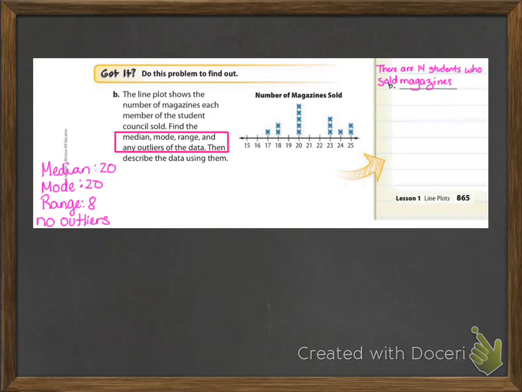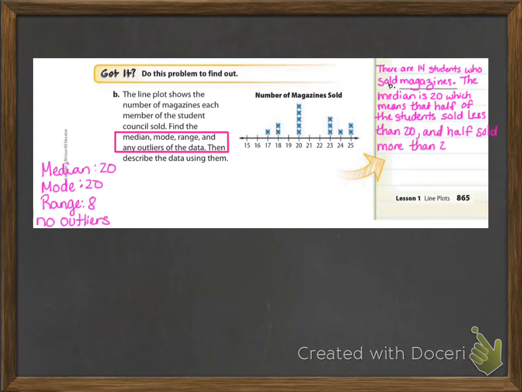So I put, there are 14 students who sold magazines. The median is 20, which means that half the students sold less than 20, and half the students sold more than 20 magazines. So I started with that, tell what the median was, and I told what that meant, because you do need to tell me what it means. You can't just say, hey, the median is. Then I talked about the mode.